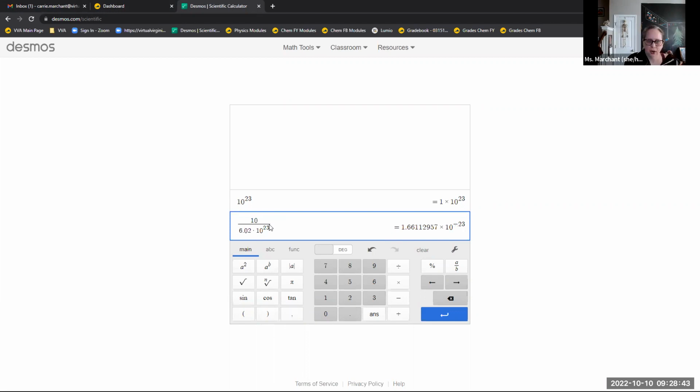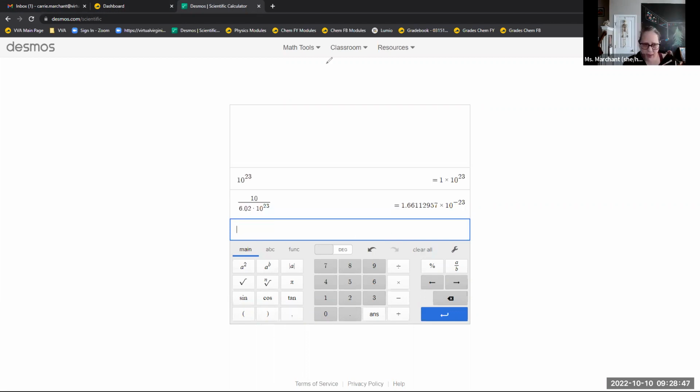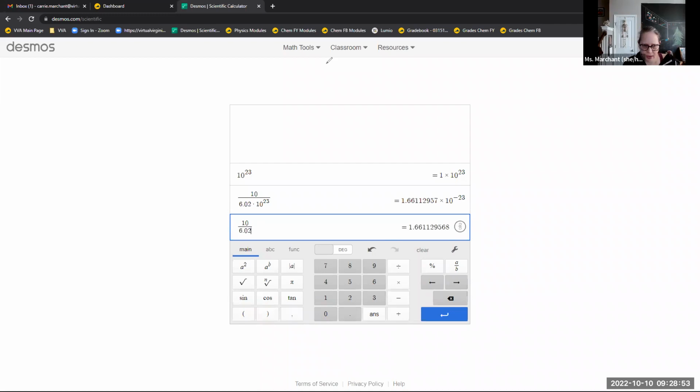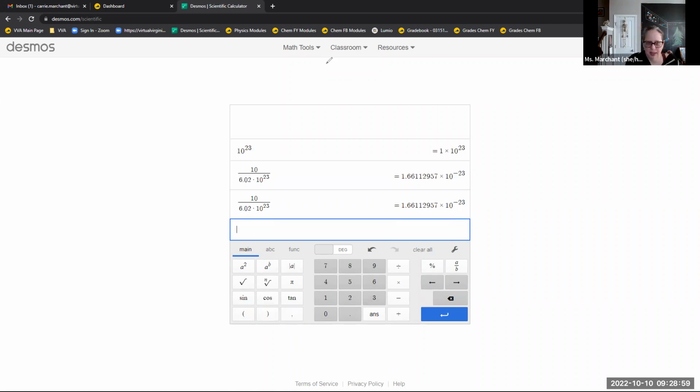Now I did that all by typing it into the keyboard, but you could have also typed it in this way, 10 divided by 6.02 times 10 AB to the 23rd. And you notice you're going to get that same exact answer.